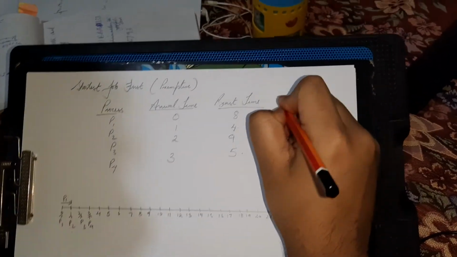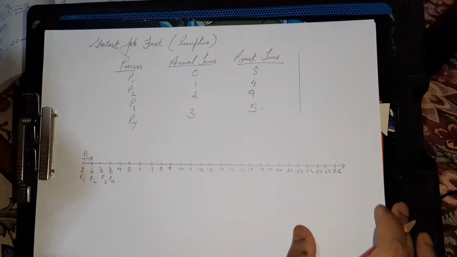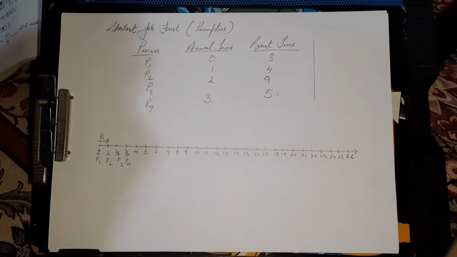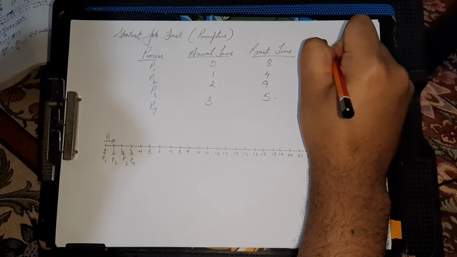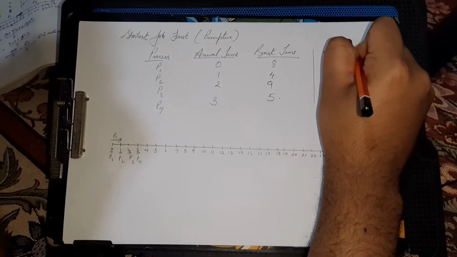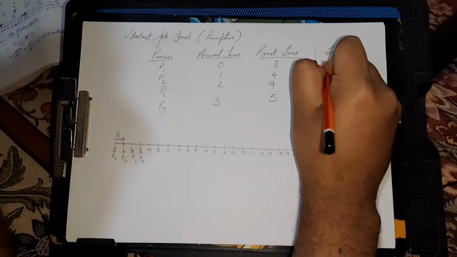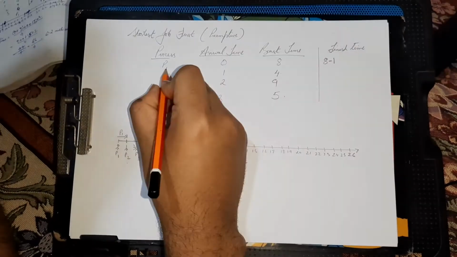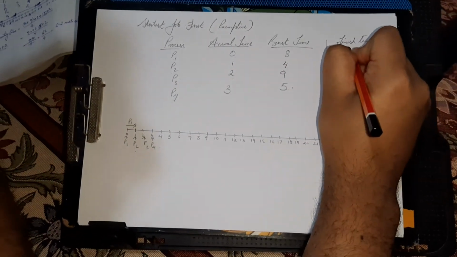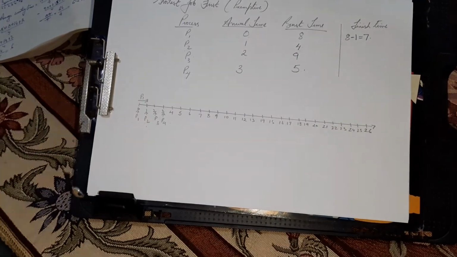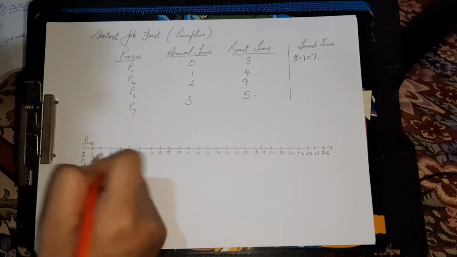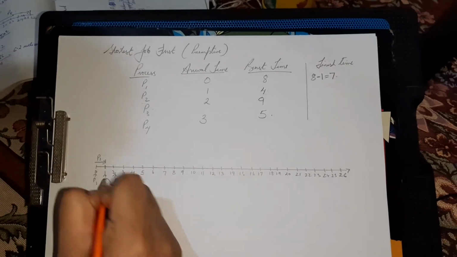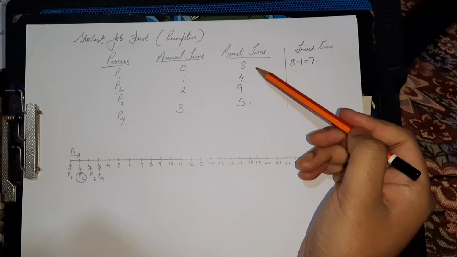So just so that we don't get confused, let's put another column here, and let's call this finish time, and we see that we have taken 1 second out of P1, so now P1 has 7 seconds at this point. Now at this point P2 arrives and is part of the decision.